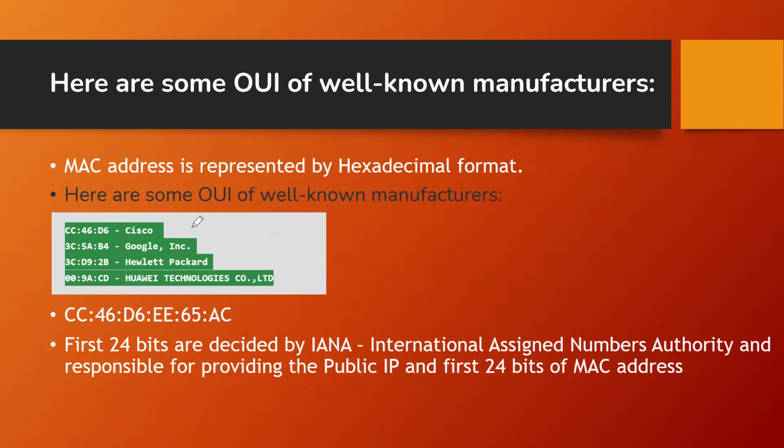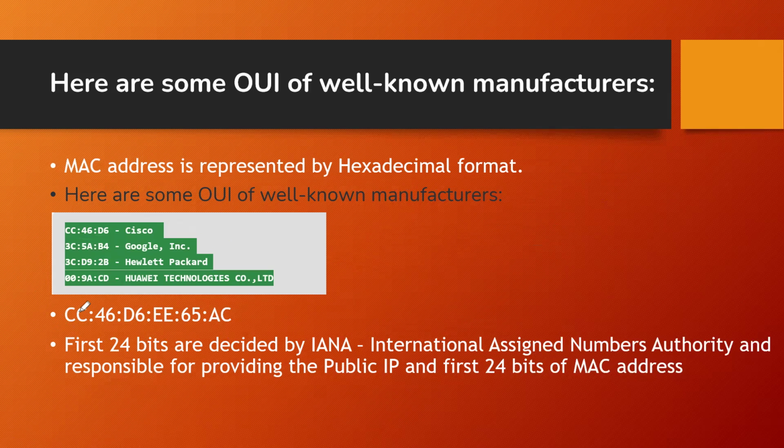That's why this hexadecimal number, the MAC address, becomes unique, because IANA will not give the same number to two different companies. The representation of the MAC address is in hexadecimal.